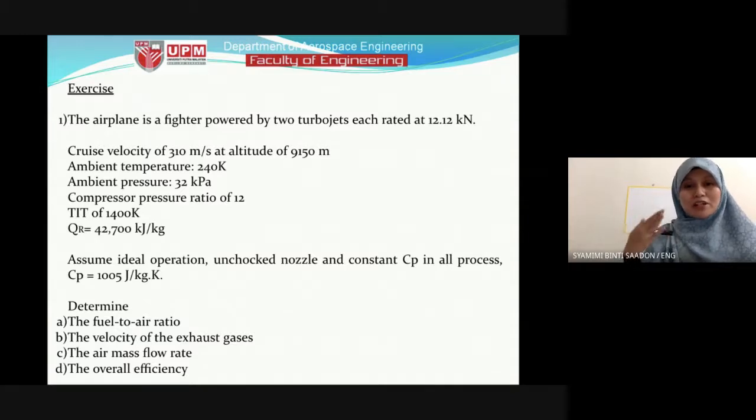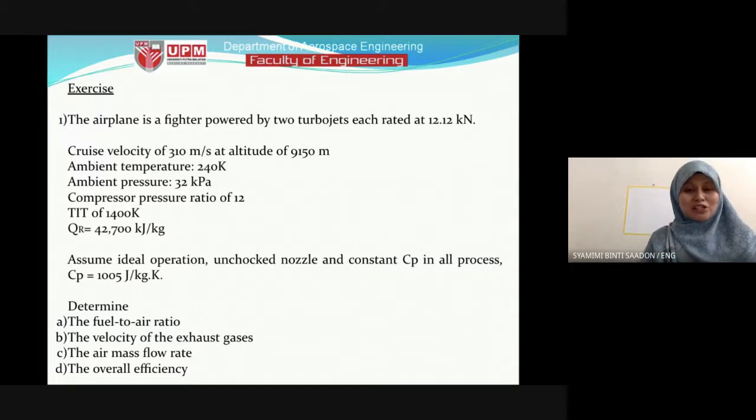Compressor pressure ratio means that the pressure ratio between outlet and inlet is 12. For example, if we have 60 pascals at the outlet, it means that the pressure at the compressor inlet is 5, so 60 divided by 5 is 12.